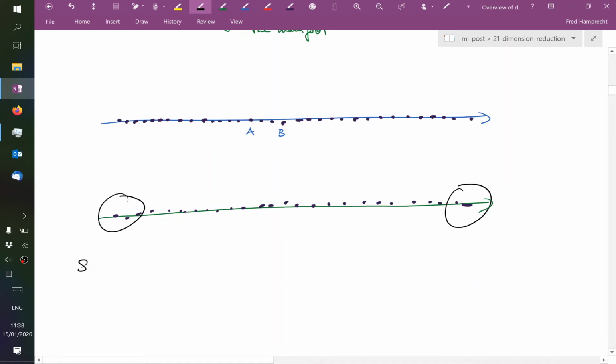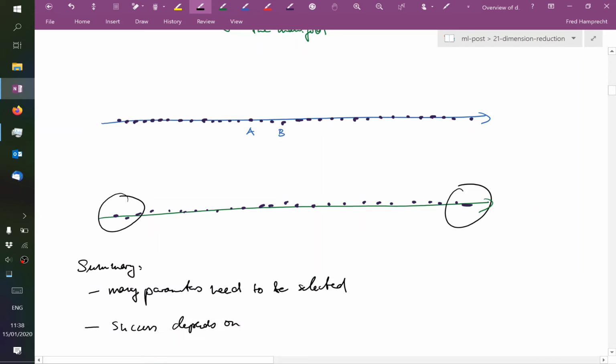So, summary of this qualitative part here. Many parameters need to be selected, at least two usually, and the success of it, or the fidelity of your low-dimensional representation, okay, that's a better word, depends on, of course, the parameters that you've chosen, and on the intrinsic dimensionality of your data.